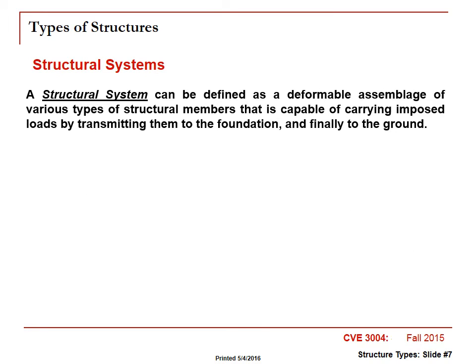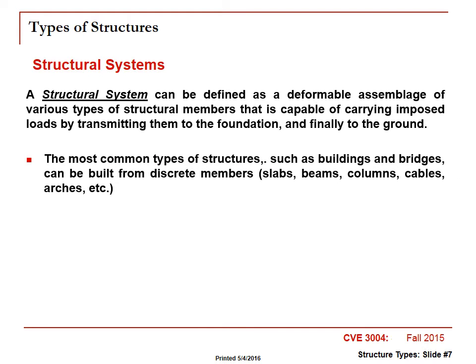When we talk about structural systems, you can have a definition as an assemblage of various types of members. Basically, what we're trying to do is create a machine or create a load path where loads are transferred from one member to another member and ultimately down to the foundation and into the soil.